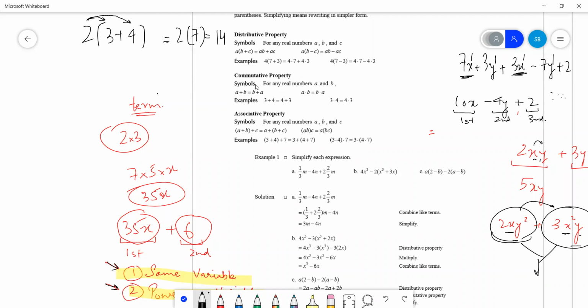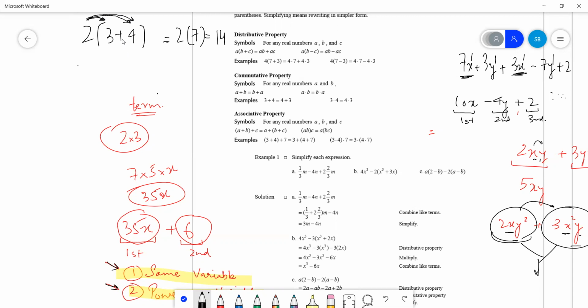Right. But here we can distribute this 2, which is in multiplication with 3 plus 4. We can beforehand multiply this 2 with 3 and with 4, which is called the distributive property.